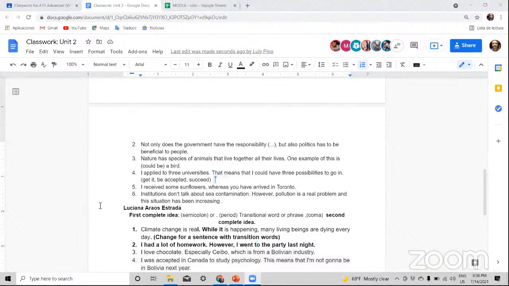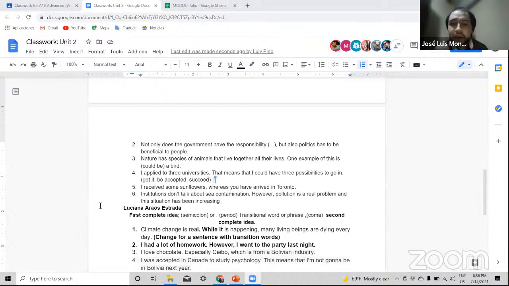Okay, thank you. Now, I only have one question. In the first one, again, grammatically speaking and punctuation is very good. But something that is a little bit weird over here is that I don't see very well the contrast between those two ideas, right? Of course, they are different. I received some sunflowers. It's like saying, however, remember that you can replace all the words that you're using by however. If you replace that however and it makes sense, it's logical, then it's correct, all right?